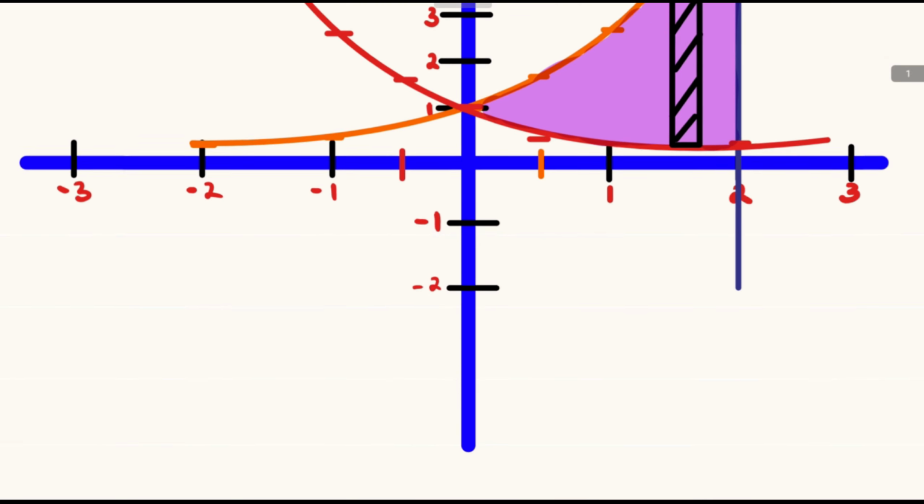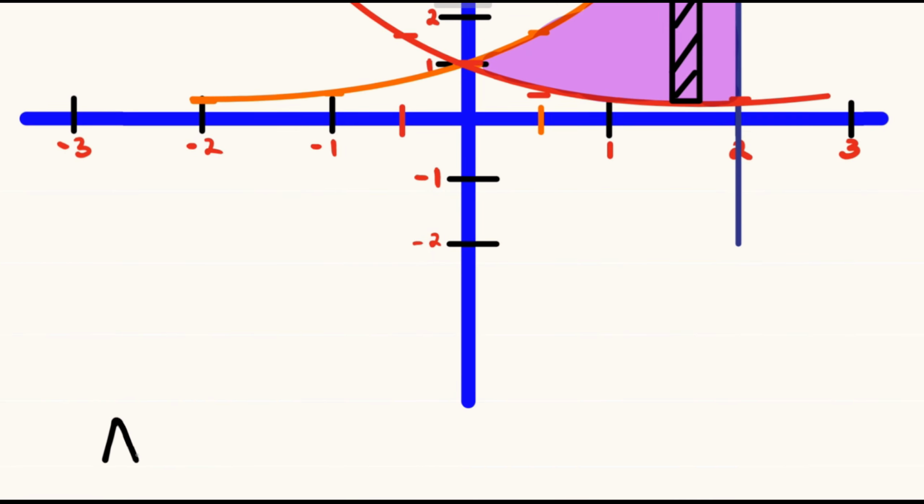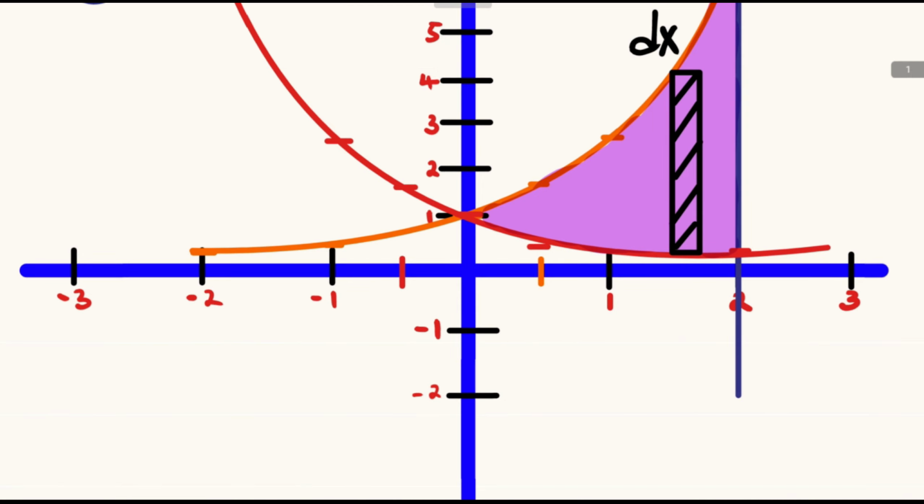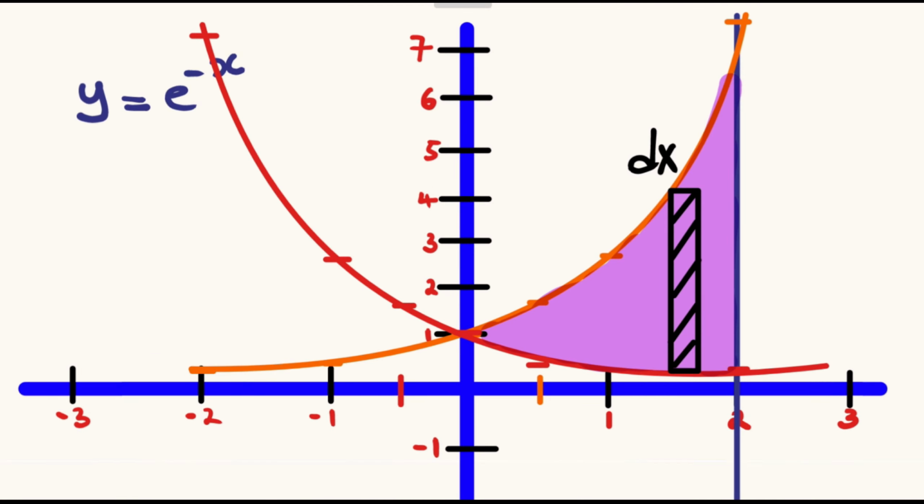The formula to calculate the area using integration is available in the formula sheet, as area equals the integral from point A up until point B of y2 minus y1 dx. y2 will be the function which is at the top on our area. Where our area is, the function which is at the top will be our y2.